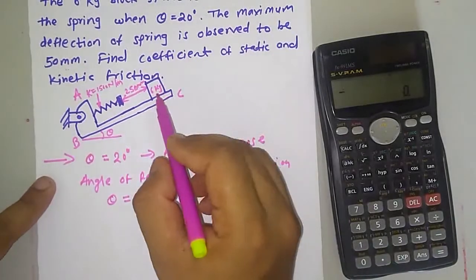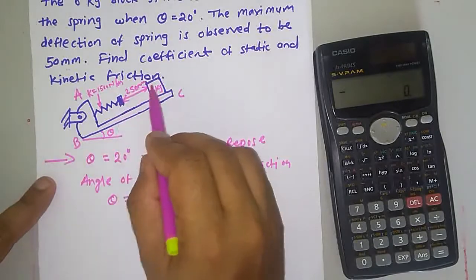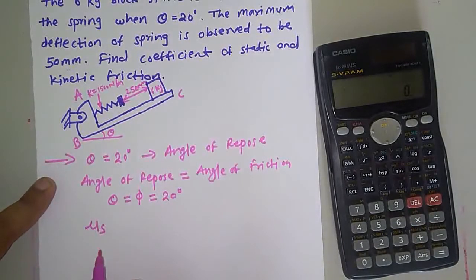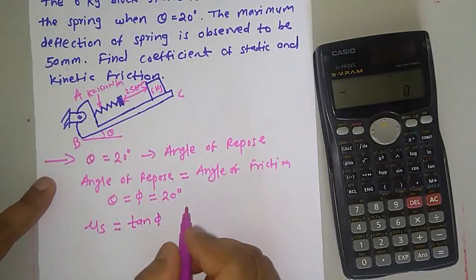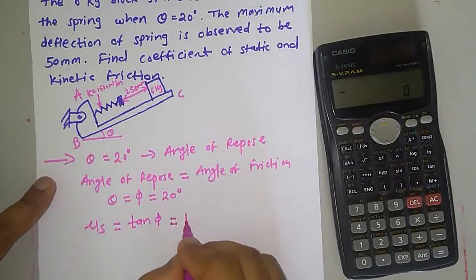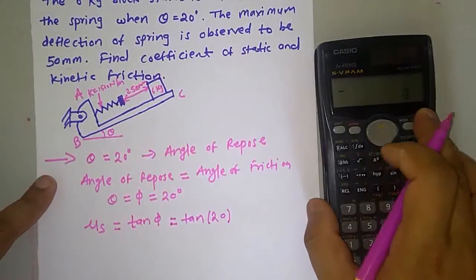Before moving this block towards the spring, it is stationary, so we need to find the static friction. We know the coefficient of static friction is equal to tan phi. What is phi? 20 degrees.